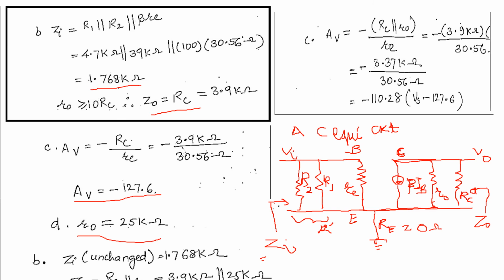Now coming to the voltage gain, AV. Actually, we are considering the input across the base to emitter, so this is your actual Vi.